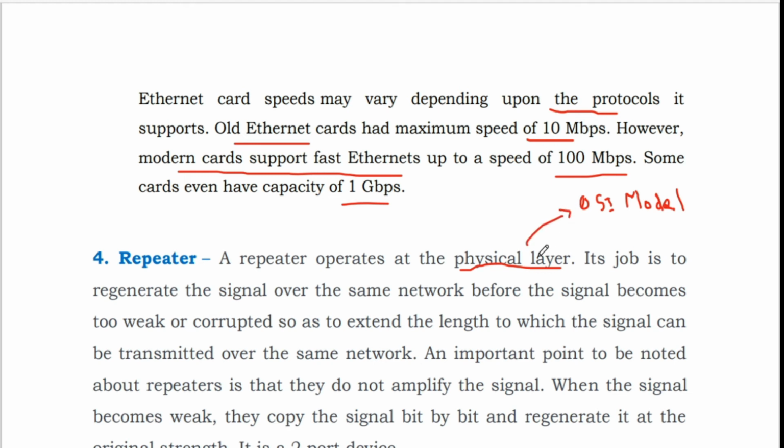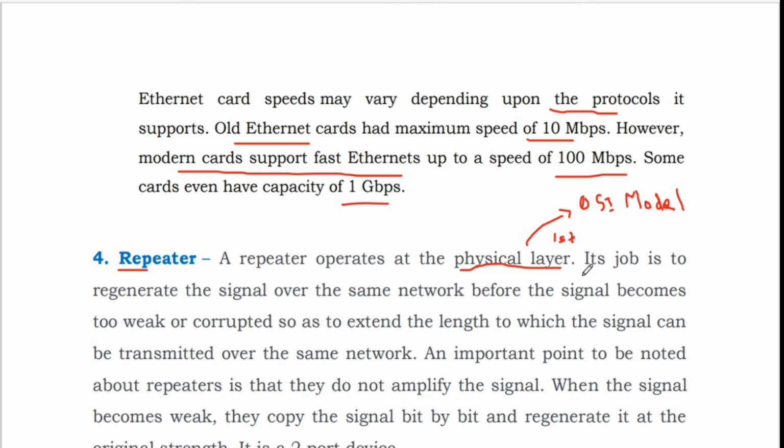We'll not go into detail on what the OSI model is and what each layer performs. You only need to understand what a repeater is, at which layer it works, and what exactly its job is. So basically, the physical layer is the first layer in your OSI model.